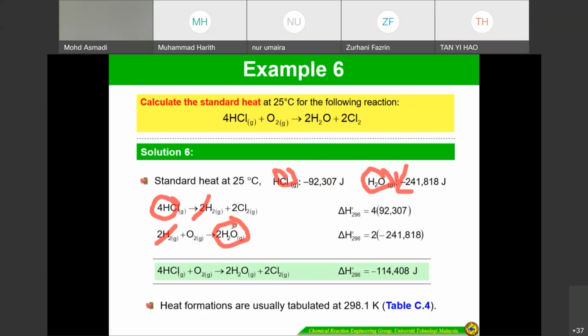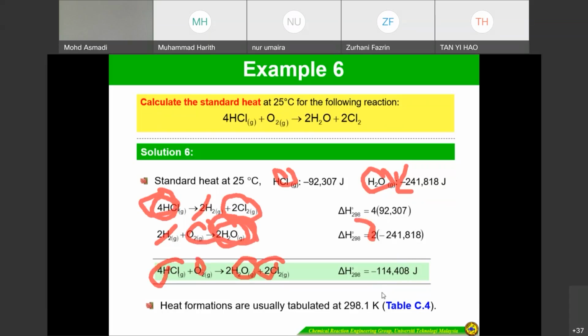And you can get 2Cl, this one, this one, this one, and this one, right? So just times 4 because it is 4 moles of stoichiometry. And then for H2O, 2 times 2, because if you still remember, if the stoichiometry is doubled, the heat of reaction is going to be double.